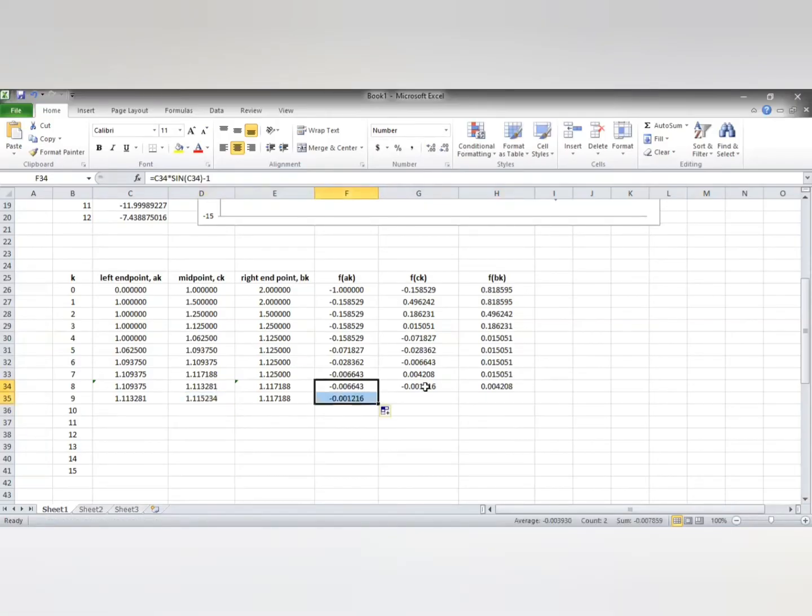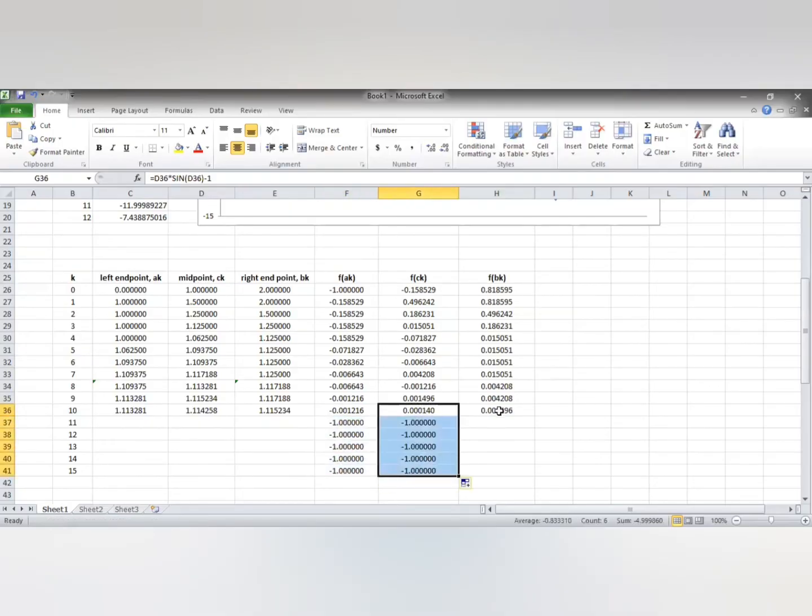Okay, so next we have to evaluate again. The values of F at AK and CK have opposite signs. So for the right end, it is the value of C. Or maybe you can drag also here.